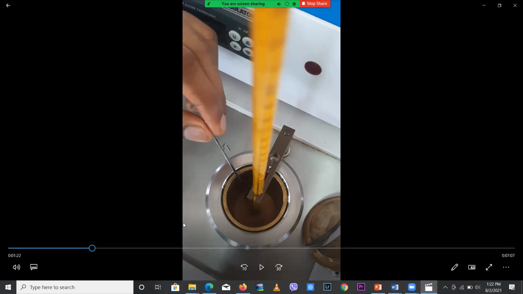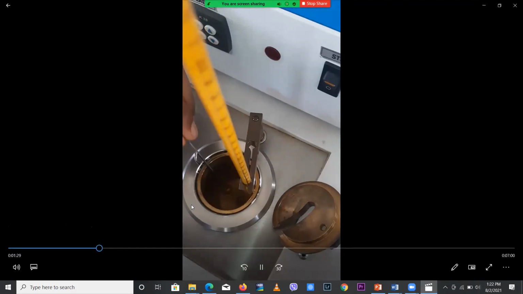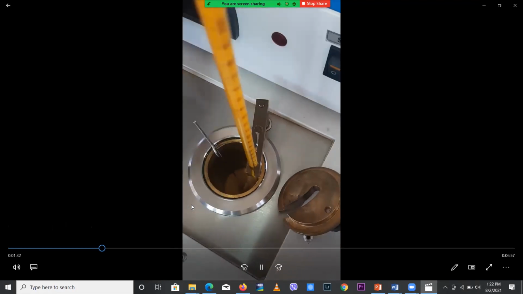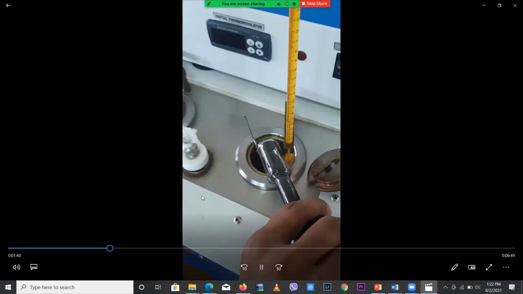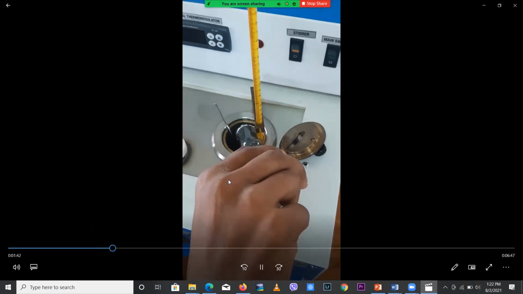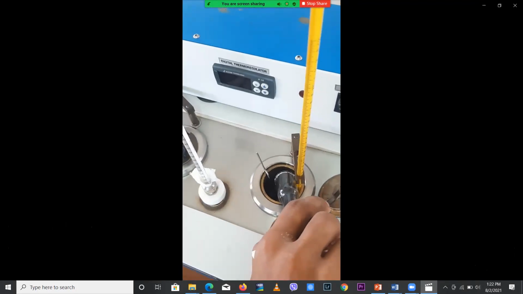That's how we block and release the oil flow. When we place this ball valve, it closes the orifice. Now, after closing the orifice, we are going to pour this used oil into the cup.